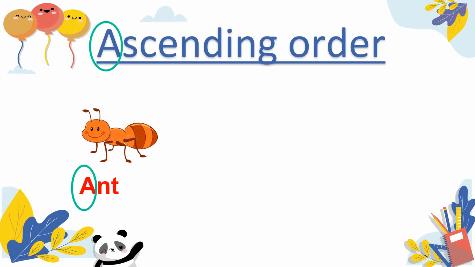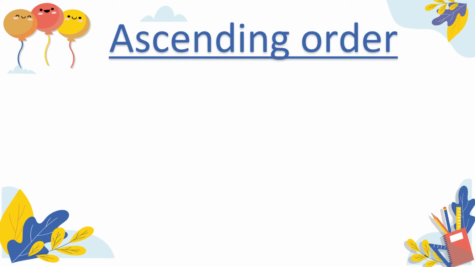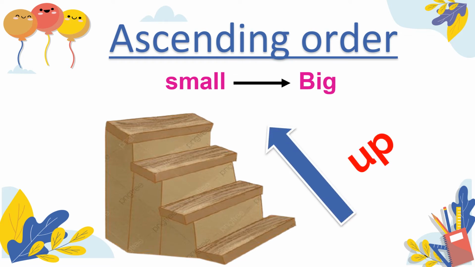So that means in ascending order we arrange numbers from smallest to greatest. Ascending order means arranging the numbers from small to big. As we move from downstairs to upstairs, it's called ascending order. Pay attention, kids. Always remember that in ascending order, numbers keep on increasing.